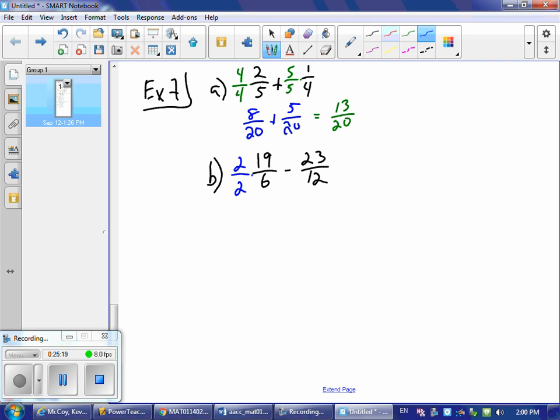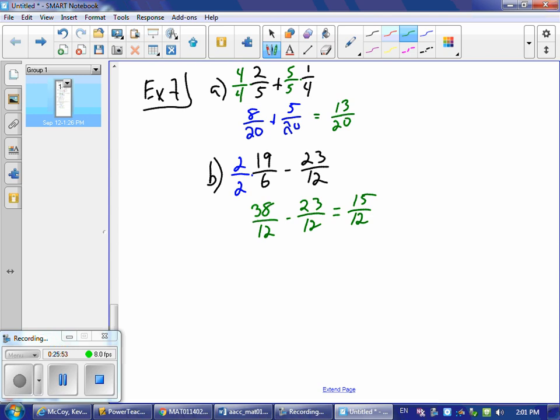Now I'll have common denominators once I multiply these things out. So let's see, multiplying the top, I'm going to get 2 times 19, that's 38 over 12. And the second one, like we said, already has 12ths. So we're good there. Now I have 38 twelfths, and I'm going to take away 23 of those 12ths, which should leave me with 15 of my 12 equal pieces. 15 over 12, however, does reduce.